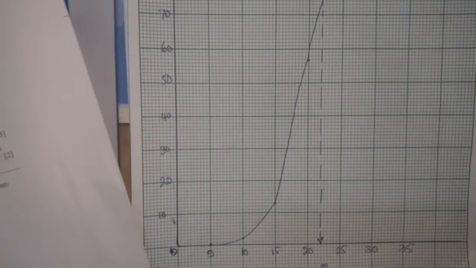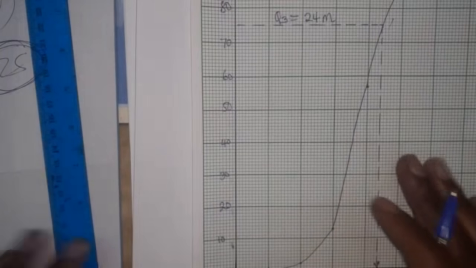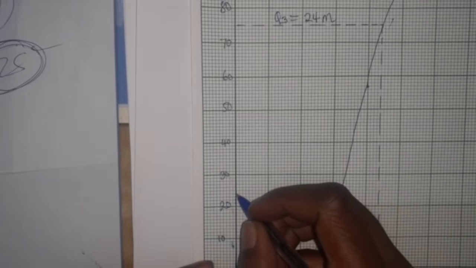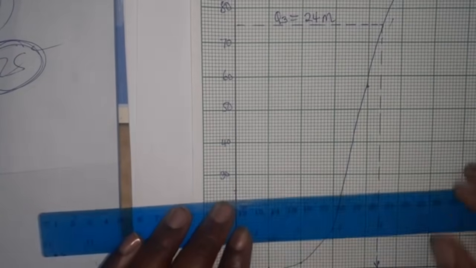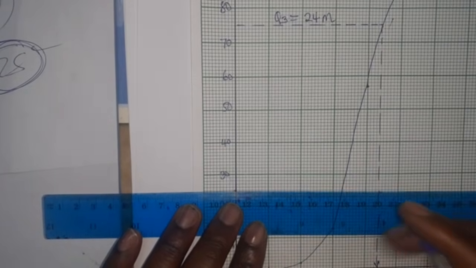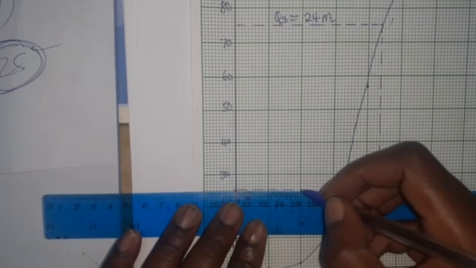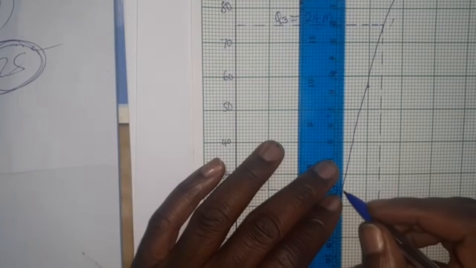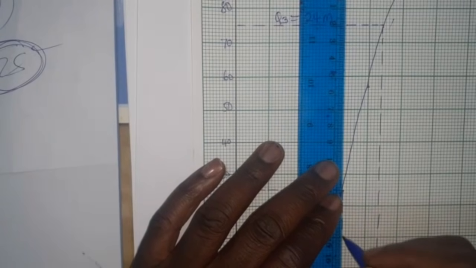Then we come to the lower quartile, which is 25. Say 1, 2, 3, 4, 5. So at this point, we do this one, and when we get to this point, come down.